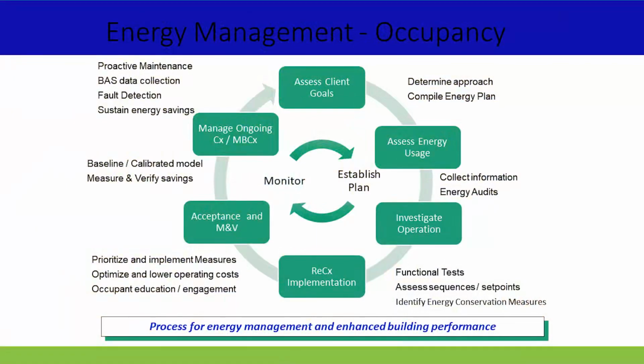Now we get into occupancy mode, and the two key aspects of occupancy mode are establishing an energy plan and being able to monitor it. So we're going to talk about the different phases of the occupancy phase. In occupancy, we continuously keep assessing the client's goals. Based on the usage of the building, we determine the approach and keep updating the energy plan.